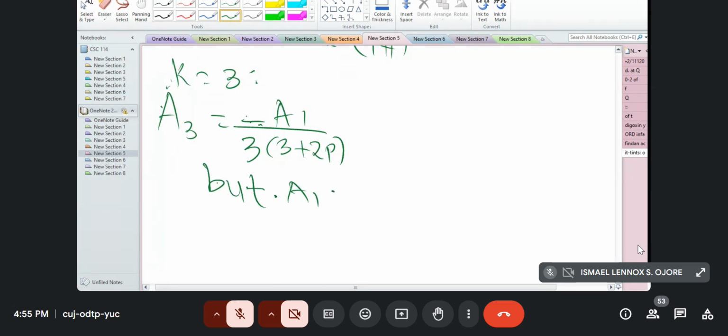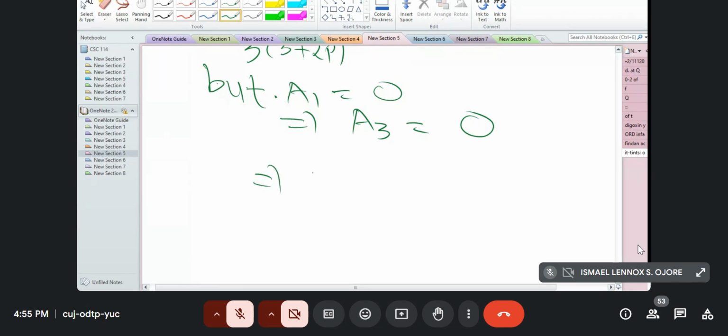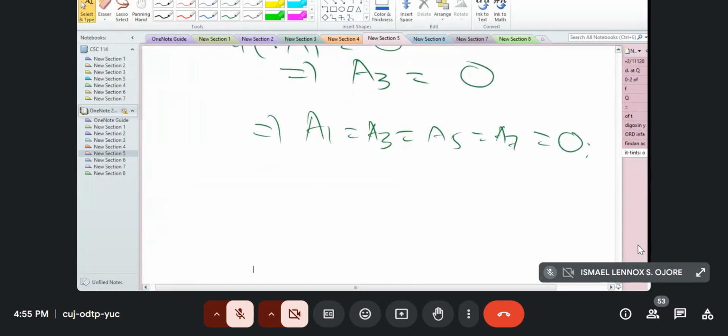It was 0. So this implies A3 will be 0 divided by anything, it's 0. Similarly, A5 will be given in terms of A3. So similarly, we have A1 equals A3 equals A5 equals A7 and so on will be equal to 0. In other words, we need to only concentrate on the even values of k, because the odd values will result in zeros.